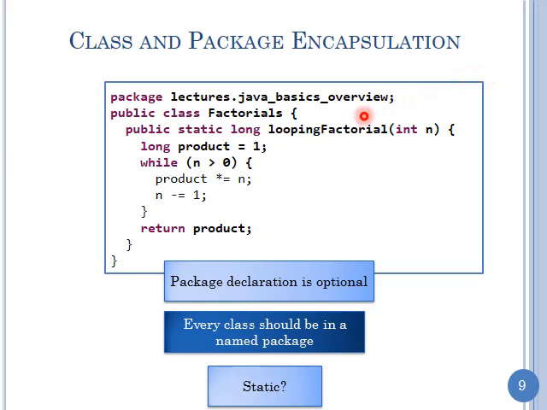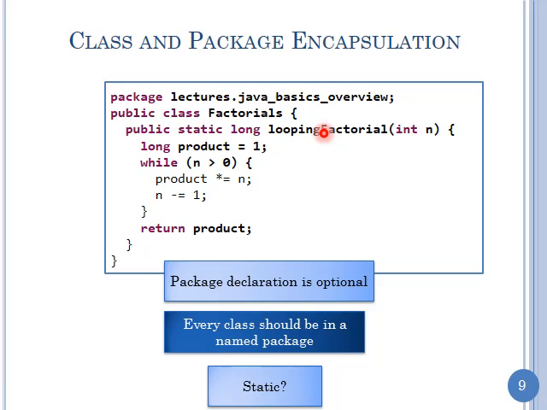How do I really call looping factorial then from somewhere else? If I'm in this class, I can just say looping factorial. If I'm in another class, how might I call this method? So you have to call the class.